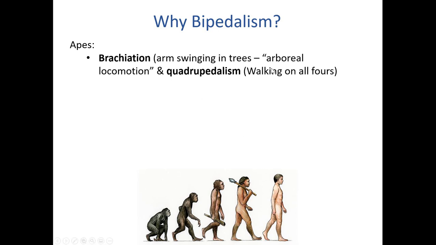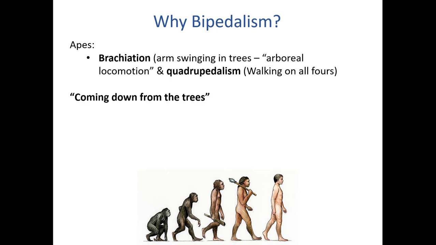Brachiation is a form of arboreal locomotion, or moving in the trees. And then apes also have quadrupedalism, or walking on all fours. Chimps and gorillas and such have the ability to walk on two legs, but they don't prefer to do it, and they don't really do it very often. They're much better and more efficient at walking on four legs.